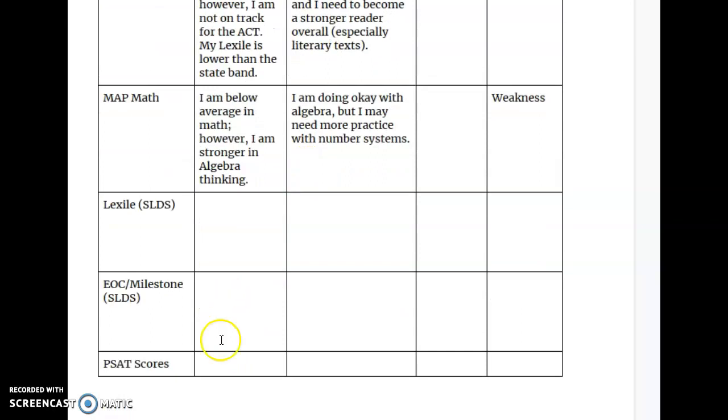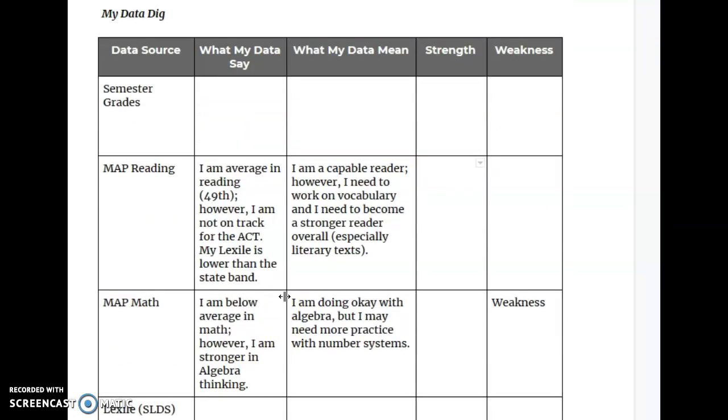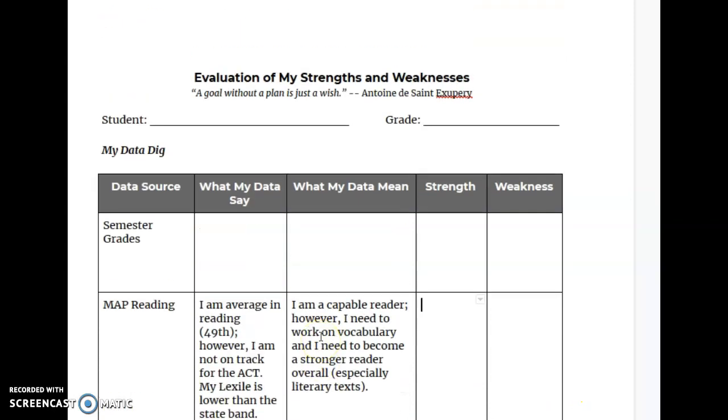So we go back over again. We go to our chart. We go to PSAT scores. And just like we did for the MAP test, we fill out, hey, this is what my data mean, this is what my data says. So that is how to do the data dig part of your evaluation of strengths and weaknesses.